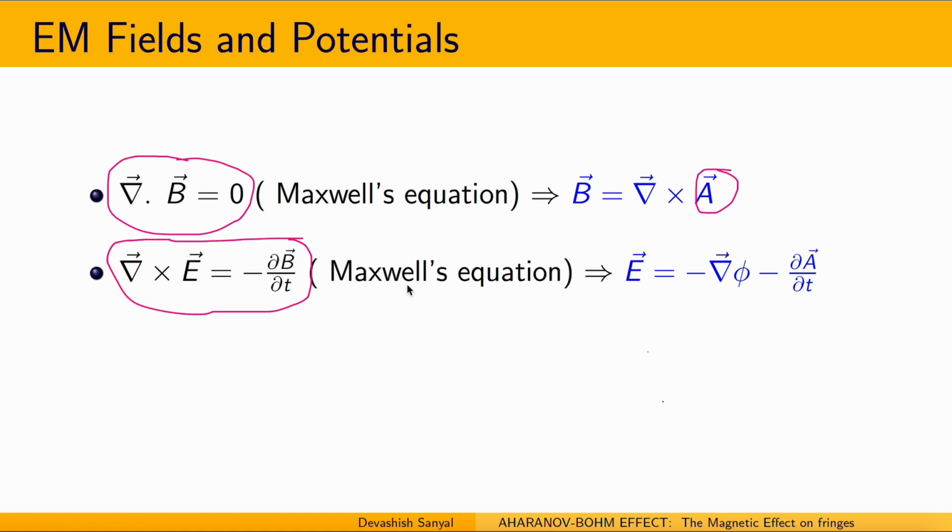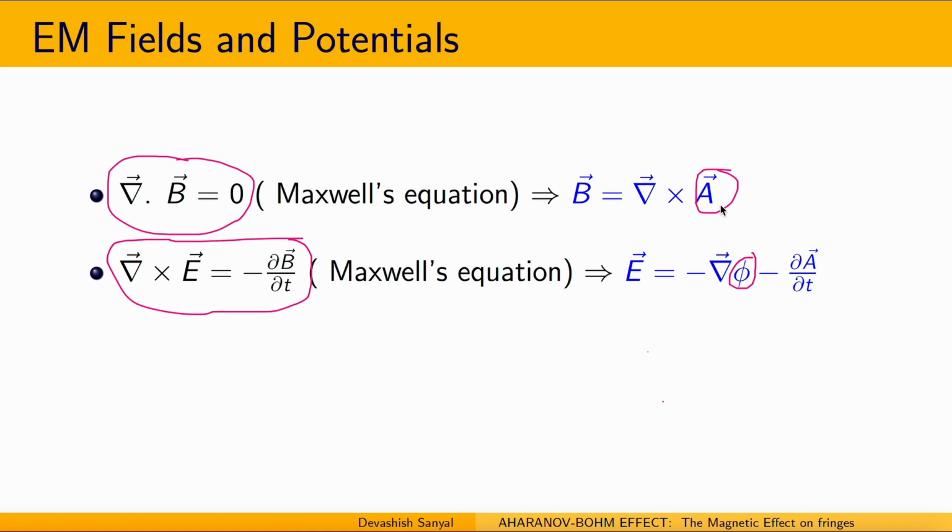So instead of this, we can use this. Here we have written in terms of a magnetic vector potential, and this phi is a scalar potential.